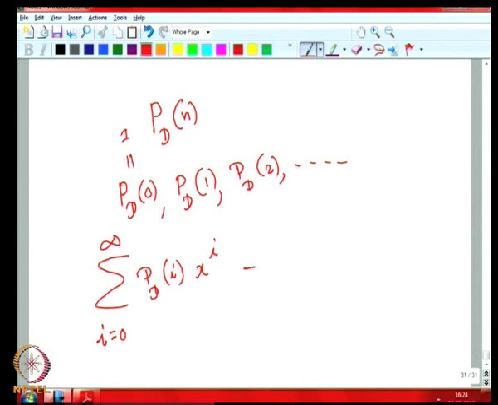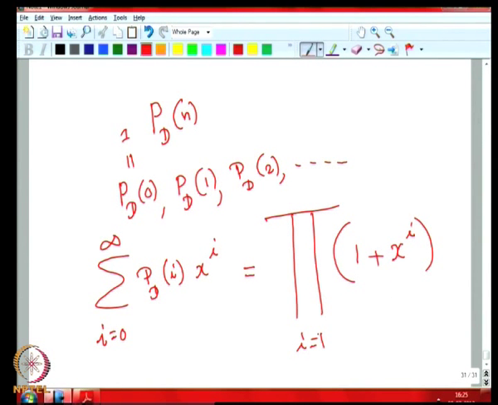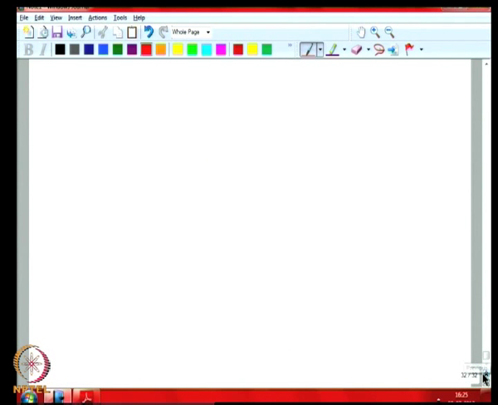This generating function is actually, if you give some thought, equal to the product over i equal to 1 to infinity of (1 plus x raised to i). Why is it so? Because the first term will allow us to select the number of ones, but only one.